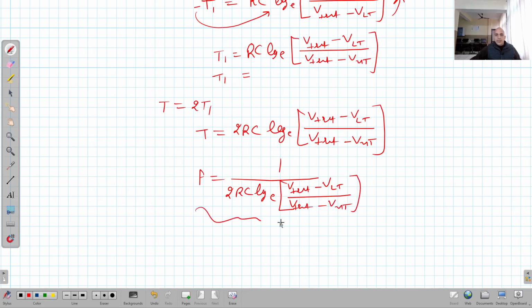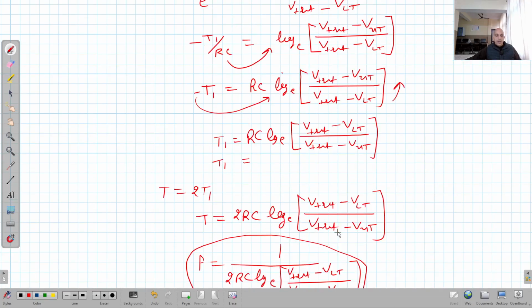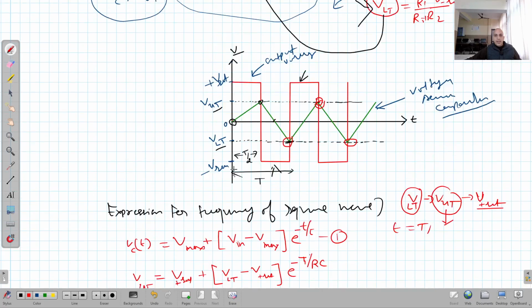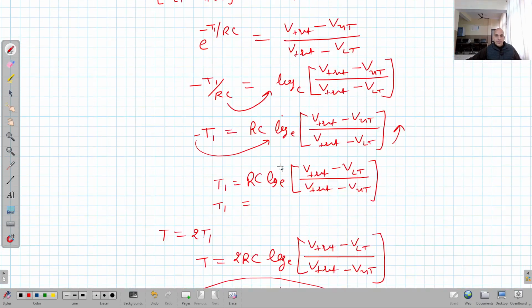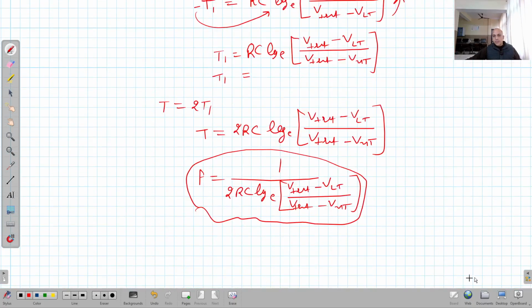So this is the expression for the frequency of the square waves that I talked about in the beginning. This is the frequency of the square waves generated by this circuit. This is equation number 2.